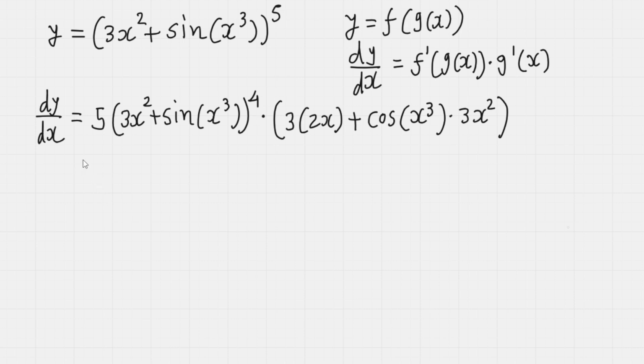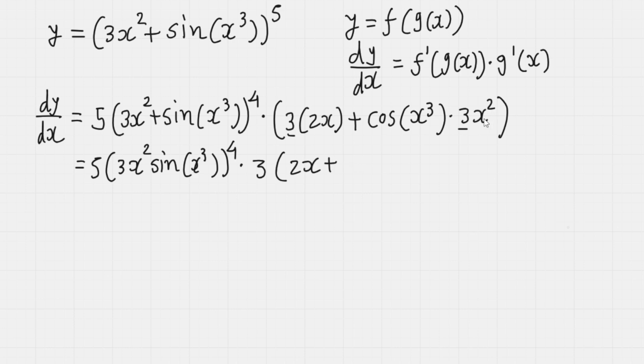So it would be 5 times (3x² + sin x³)^4, and here we can factor out this 3 from both the terms. So times 3, inside the parentheses we will have (2x + x² cos x³).